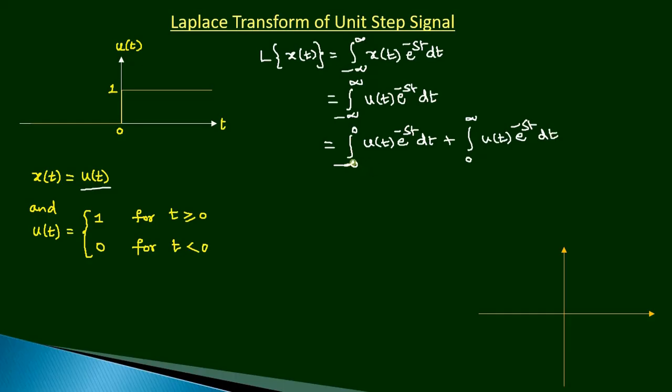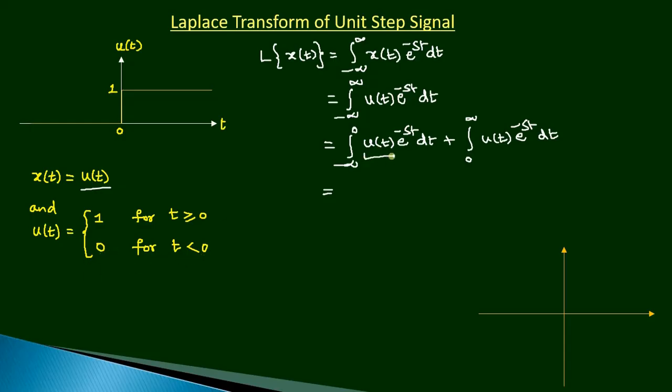As per the definition of the unit step signal, it exists only on the positive axis, 0 to infinity, and for t less than 0 its value is 0.